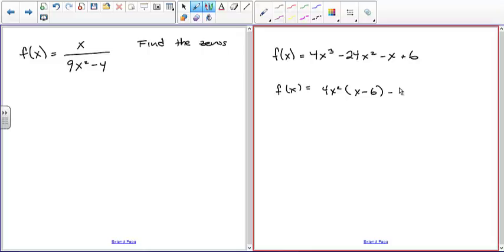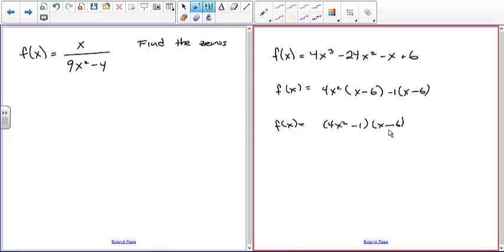So that would be x minus 6. You see you've got these two factors. So this is going to be 4x squared minus 1, and then you got x minus 6.